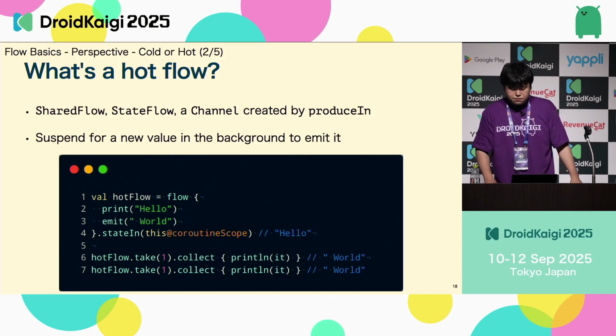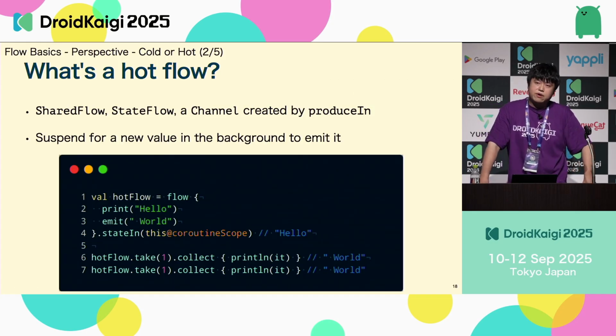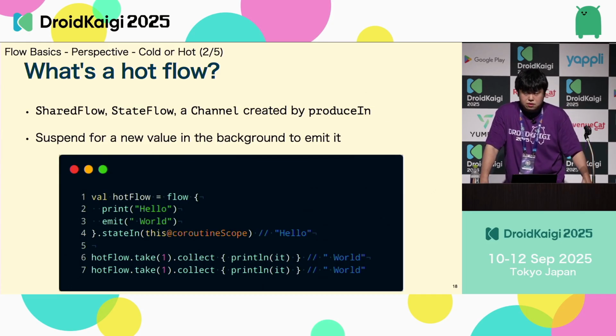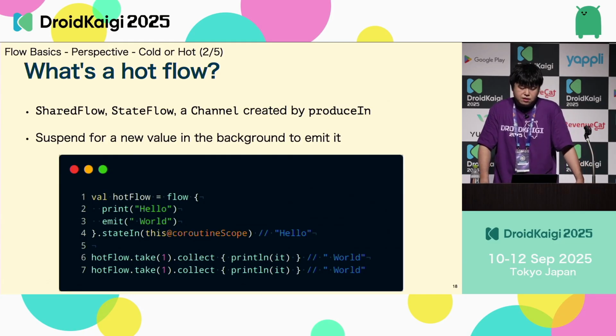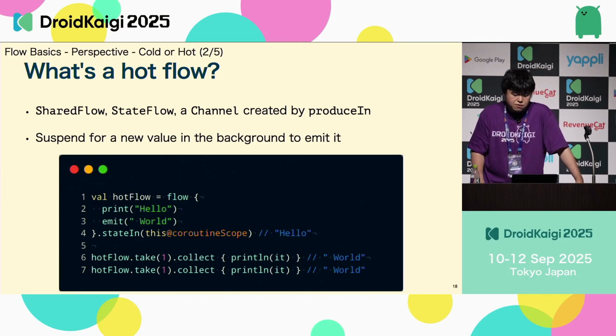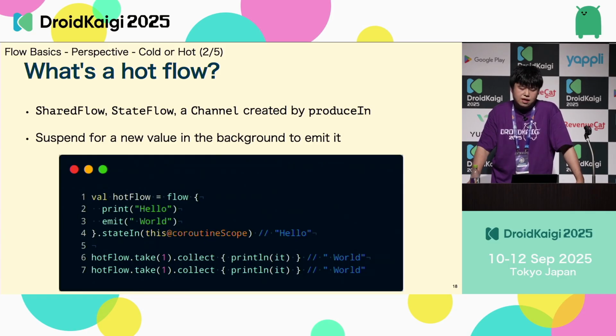This code example uses the stateIn operator to transform a cold flow to a hot flow. stateIn internally collects an upstream, so hello will be printed in the background due to the stateIn operator. Even if we collect a hot flow multiple times, hello will never be printed, but only world will be printed. It means the lambda of the builder has executed only once.